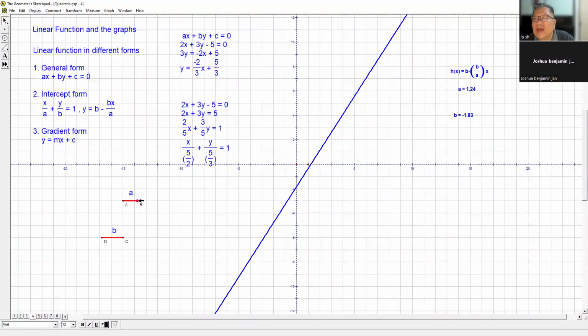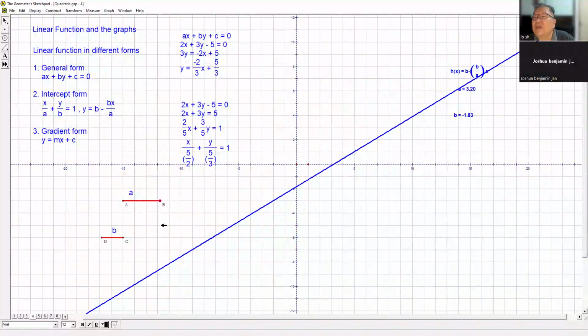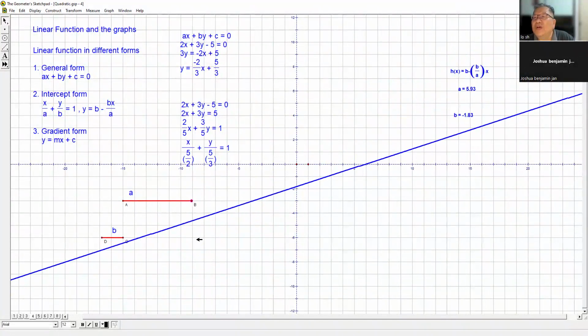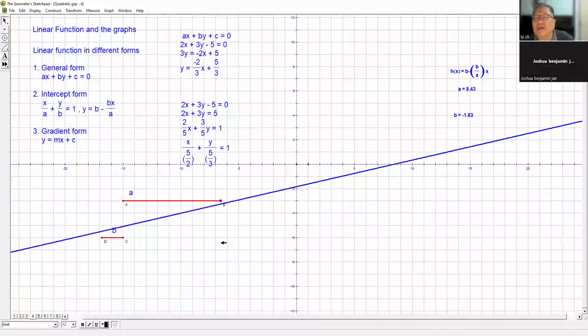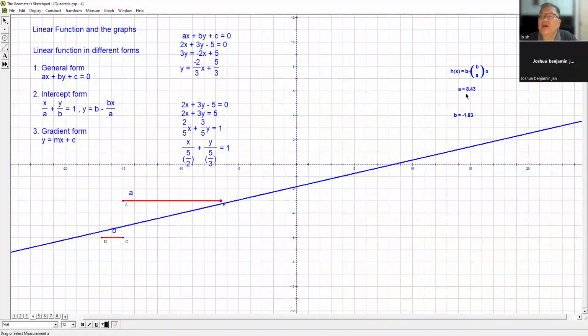When I pull this line, the value of A increases, it becomes 3 point something, 4 point something, 5, 6, 7, 8. The longer I pull, the bigger is the value of A. Now, how is the changing value of A shown in this blue line here?